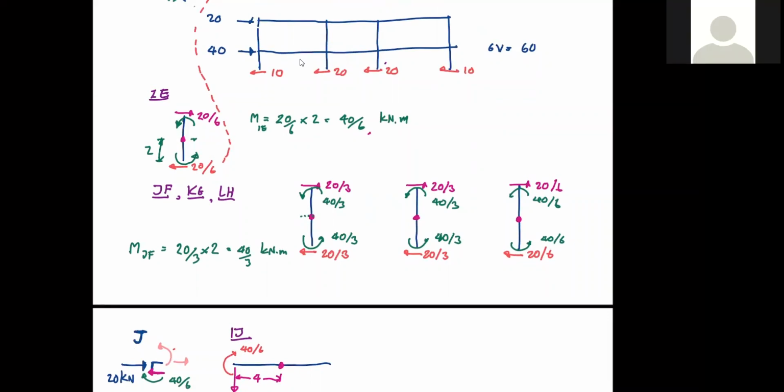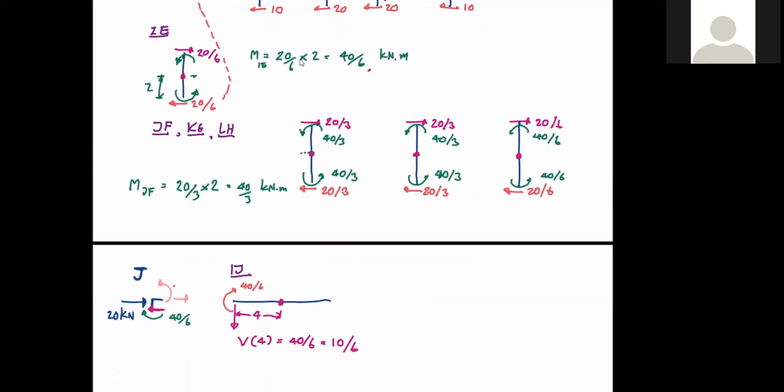Yeah, it is from member IE. Is the name of the joint correct? Yeah, right. Thank you. It should be I, sorry. What is messed up is the name, not the calculation. It's joint I, not J.